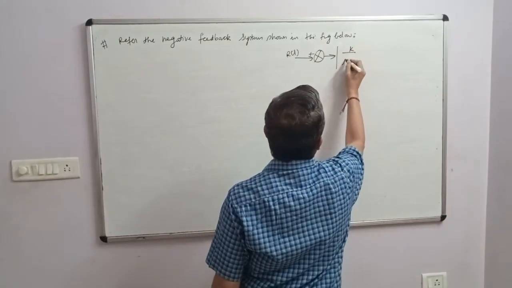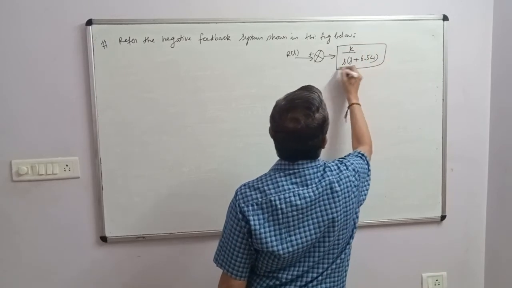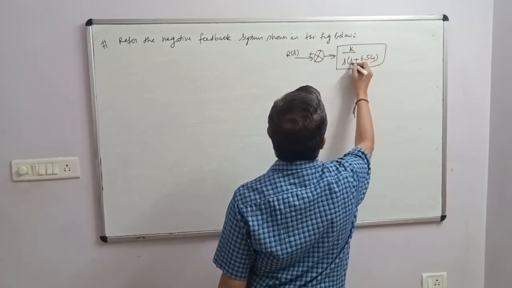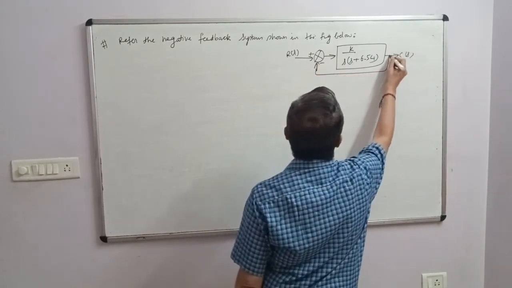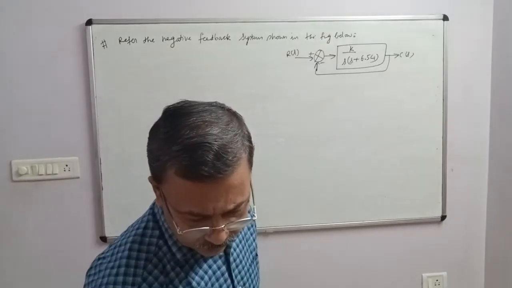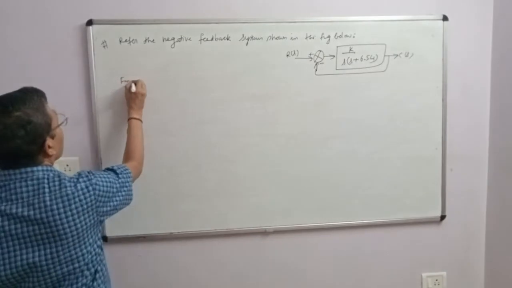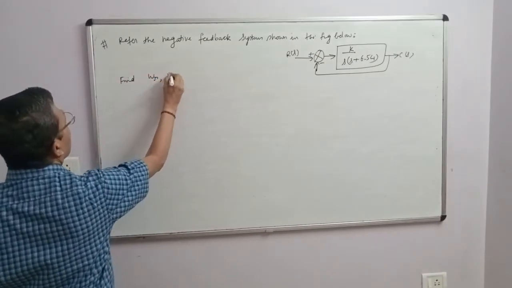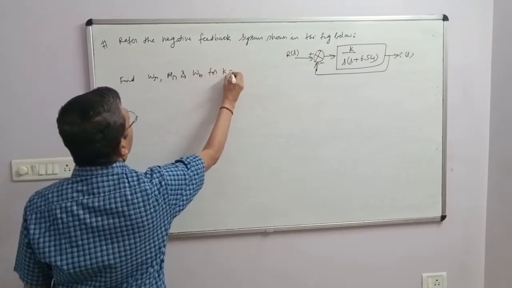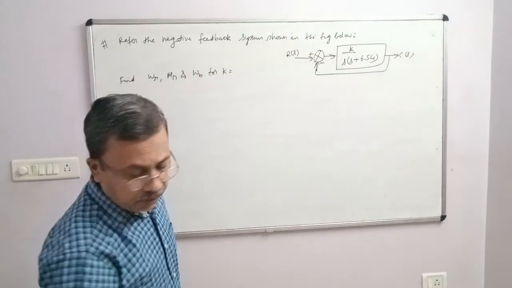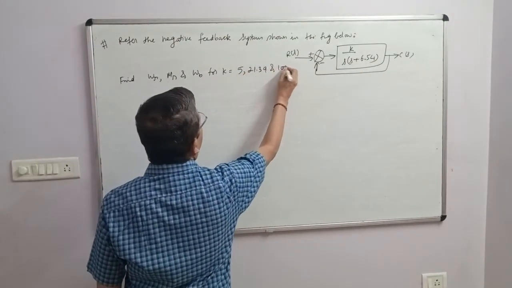The open loop transfer function is K divided by s into s plus 6.54. Find omega r, Mr and omega b for k is equal to 5, 21.39 and 100.